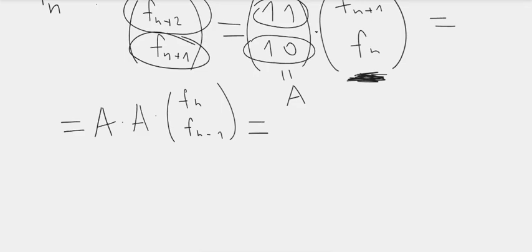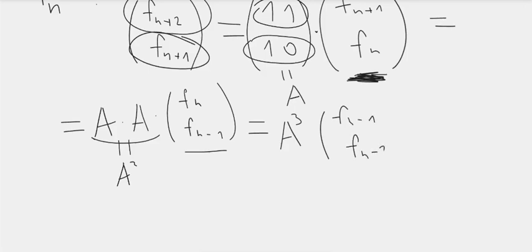So then we can write that this would be equal to A squared, right? Then we rewrite this vector again. This would be A cubed by the vector fn minus 1, fn minus 2, and so on.